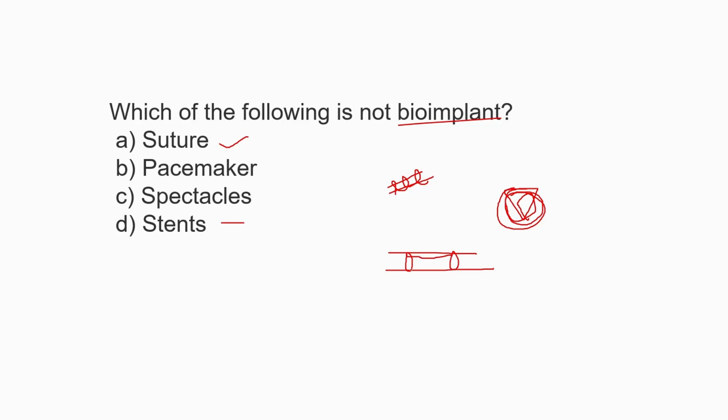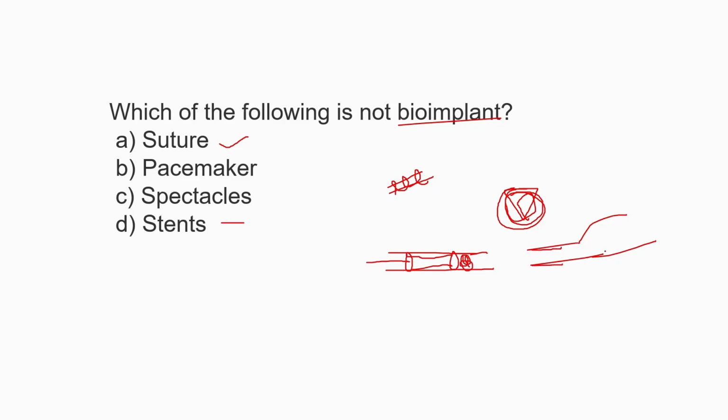Stents are kind of like small balloons. They are inserted into these blood vessels and then they are inflated. That will open up the blockage, if there is a blockage due to excessive cholesterol deposition or any other obstruction, or the blood vessel has narrowed down.